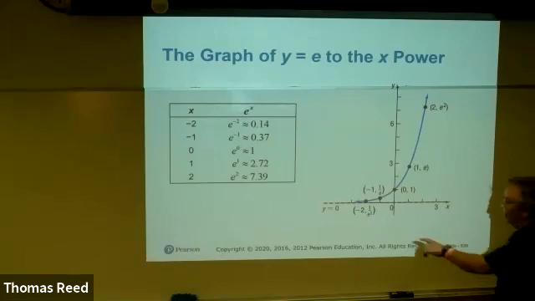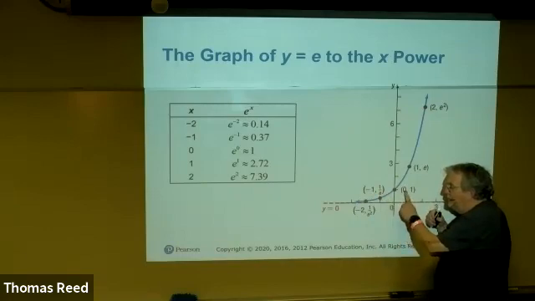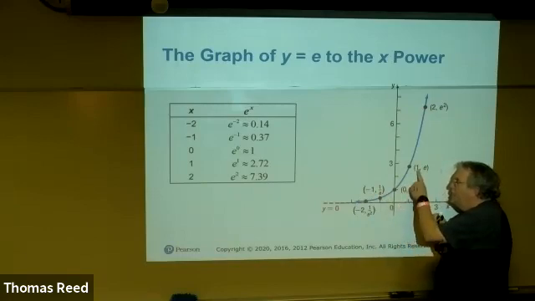E to the -1 is negative. It gives you the point -1 over e. E to the 0 gives you 1. E to the first power gives you e.